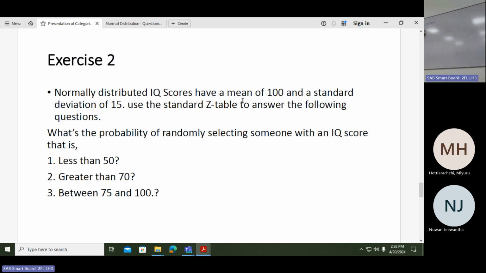This is the sign to denote distributed. X distributed normally. The normal distribution we define with a capital N. This is the sign of the normal distribution.